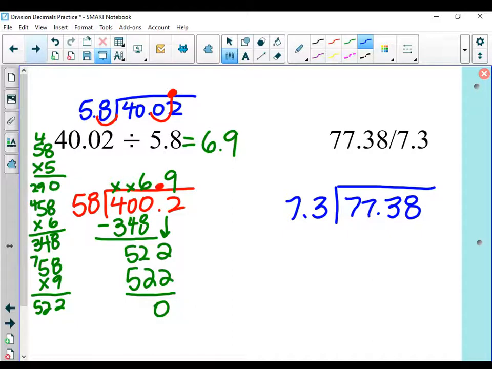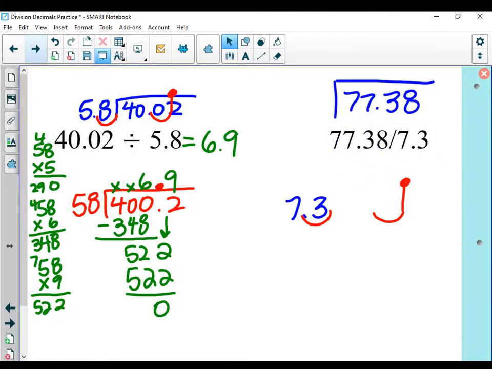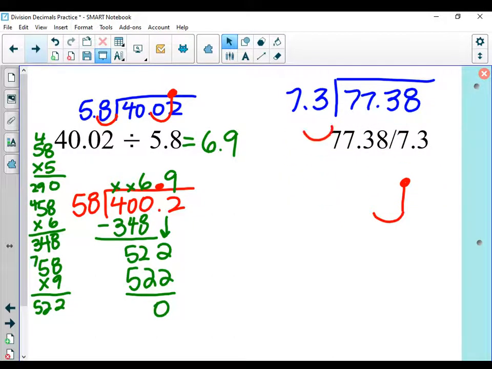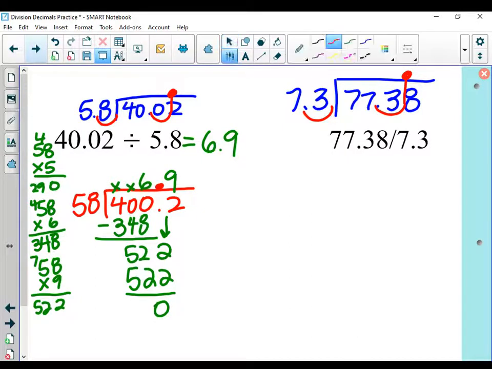Top number on the inside. Move the decimal over. Move the decimal up. I like to rewrite it. It really helps my brain understand what numbers I'm using.